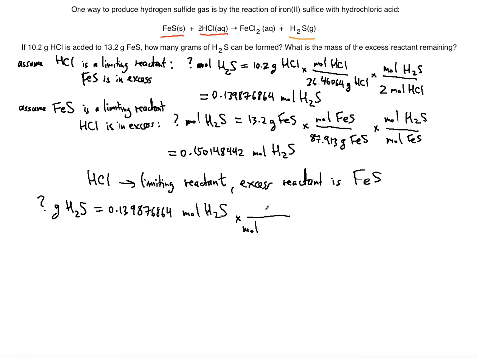We know that 1 mole of H2S takes 34.08188 grams of H2S. Again, using the periodic table, and with the calculator rounded to 3 significant figures, that will give you 4.77 grams of H2S.